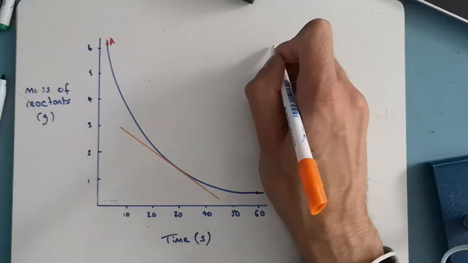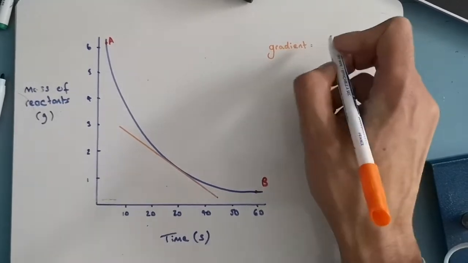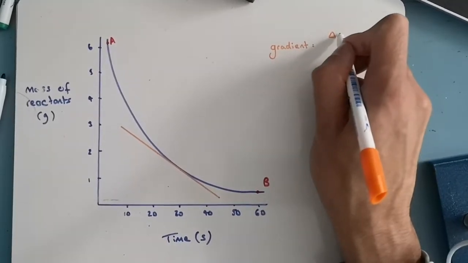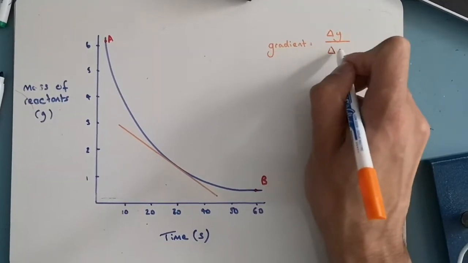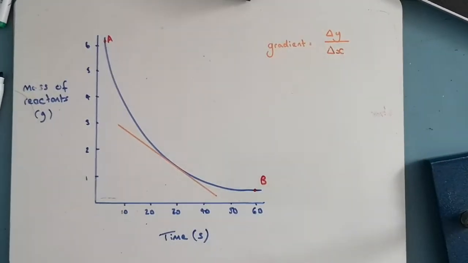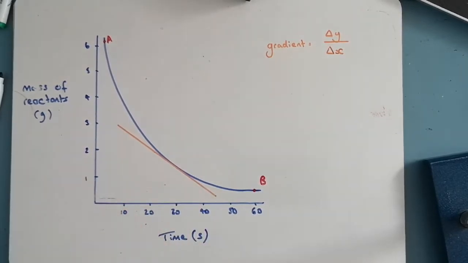And to calculate the gradient, we need to take the change in the y-axis from the 2 points we look at and divide it by the change in the x-axis. So we can choose any 2 points, and it doesn't matter which 2 points you choose.